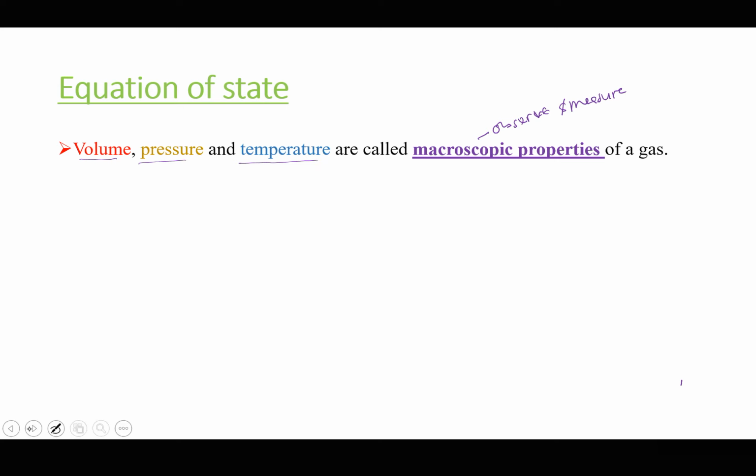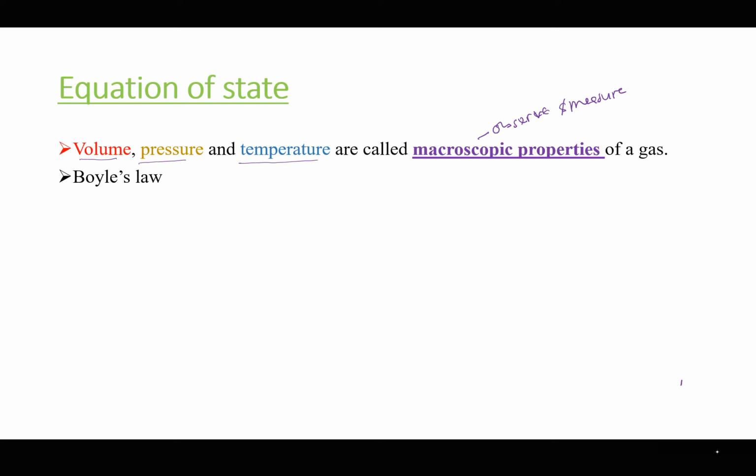We shall begin with the first person who was interested in one of these properties, and this is Robert Boyle. Around 1660, Robert Boyle found that the volume of a gas is inversely proportional to its pressure, provided the temperature is held constant.